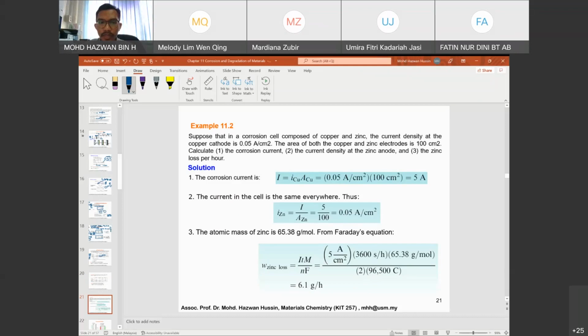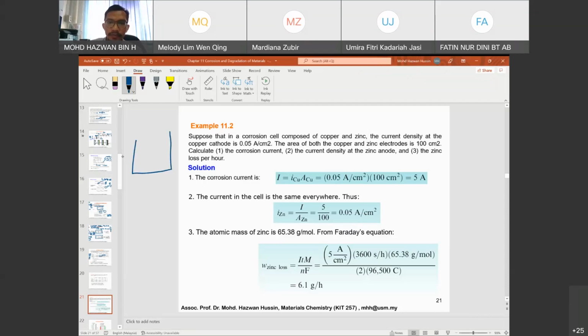First, calculate the corrosion current. Second, calculate the current density at the zinc anode. And finally, calculate the zinc loss per hour. There are a lot of questions here, but we need to understand the theory behind it.